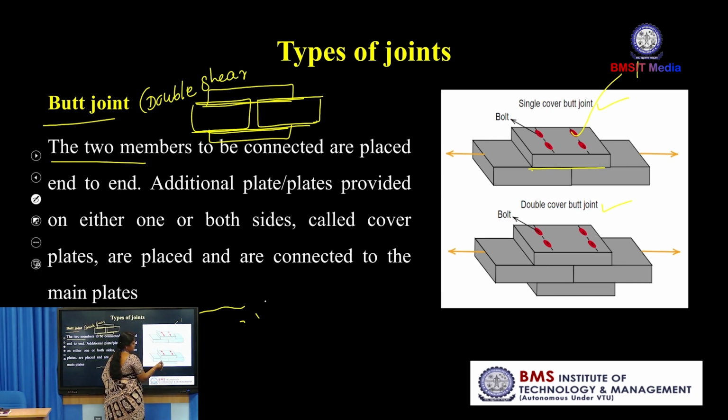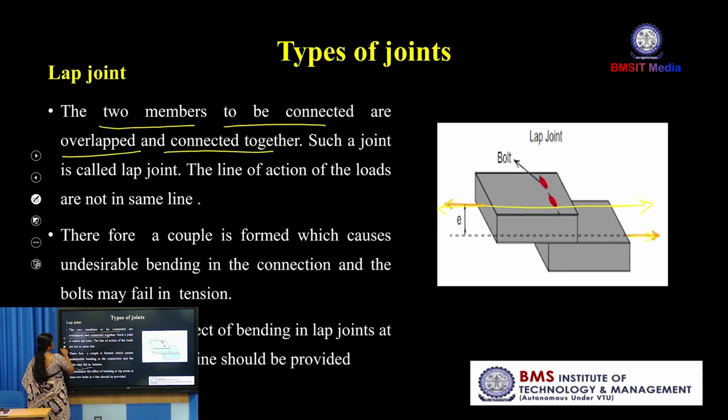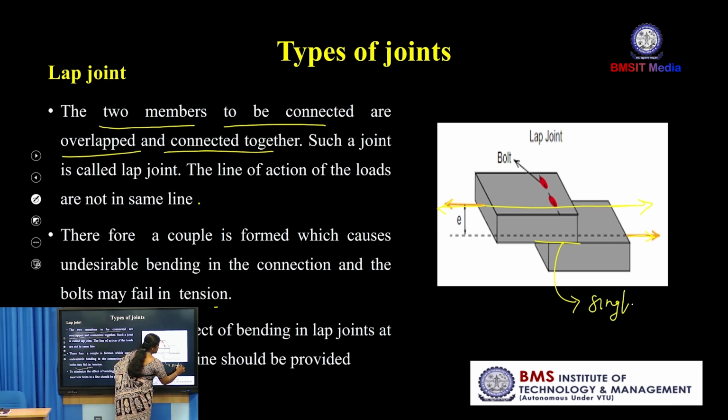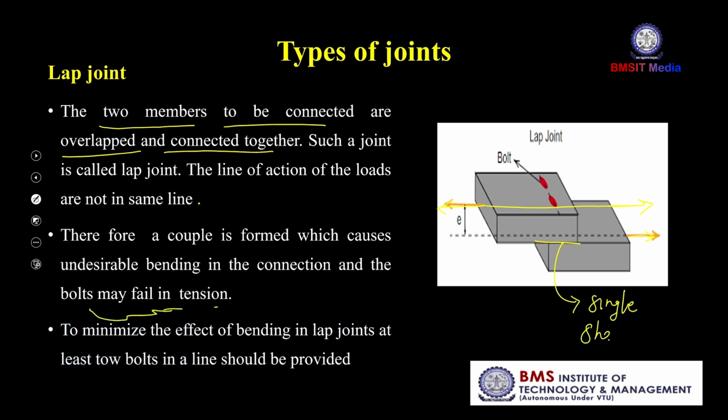Coming to the double cover butt joint, two shear planes are there. This is one plane and this is another plane. So, this type of joint is subjected to double shear. In the previous case, the lap joint, here also only one contact surface, only one plane is there. So, the lap joint is subjected to single shear.